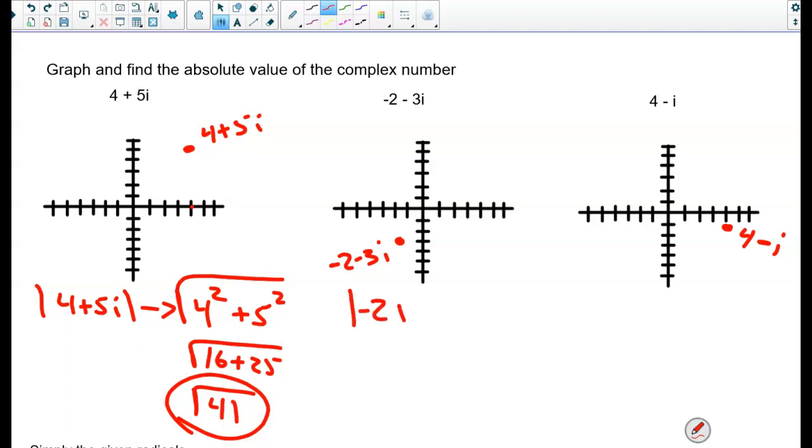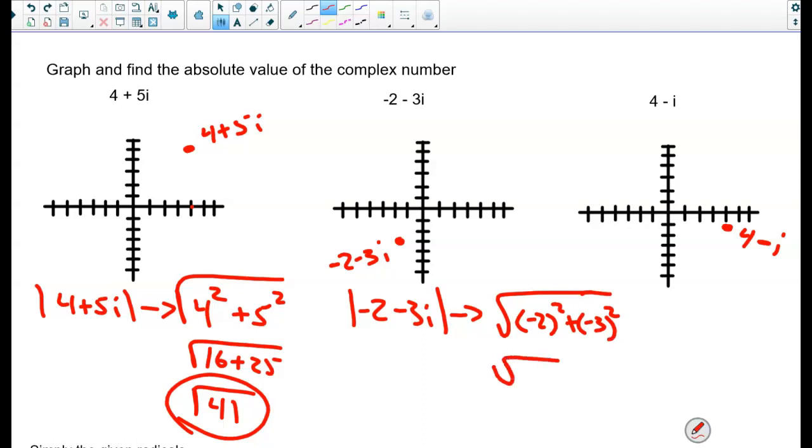The absolute value of negative 2 minus 3i is negative 2 squared plus negative 3 squared. 4 plus 9, root 13.